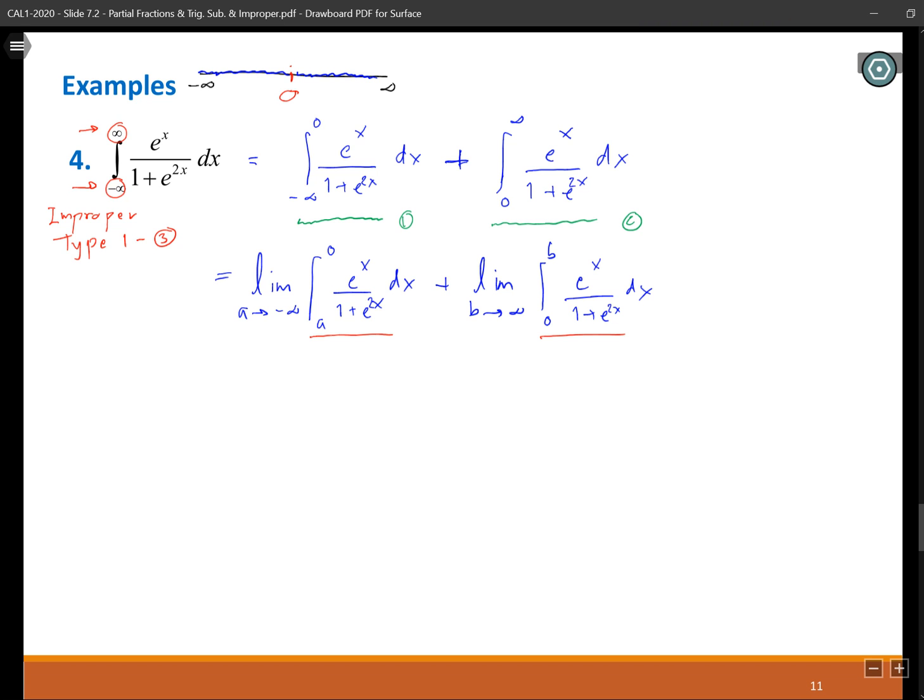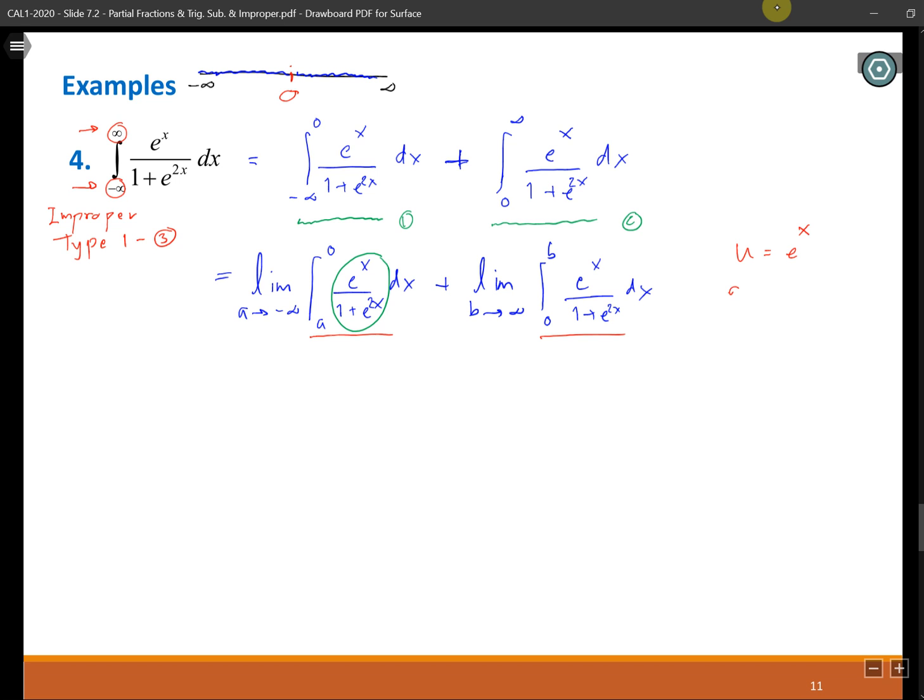So looking at this, we have to integrate this term. Maybe we don't know what to do in the first place, so what about we try something very simple? Let's try to use substitution. What about we put u equal to e to the power of x.